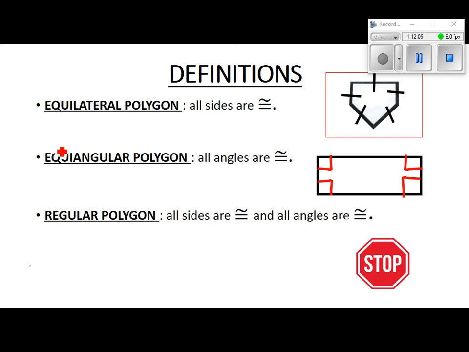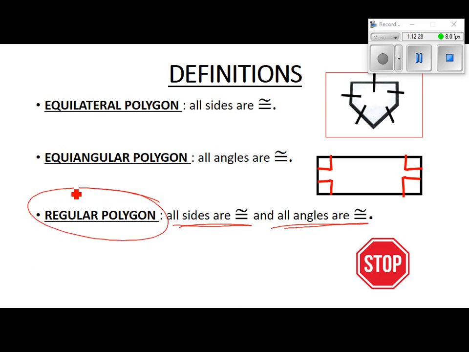What's a 4-sided shape that's equilateral but not equiangular? A rhombus. Good.